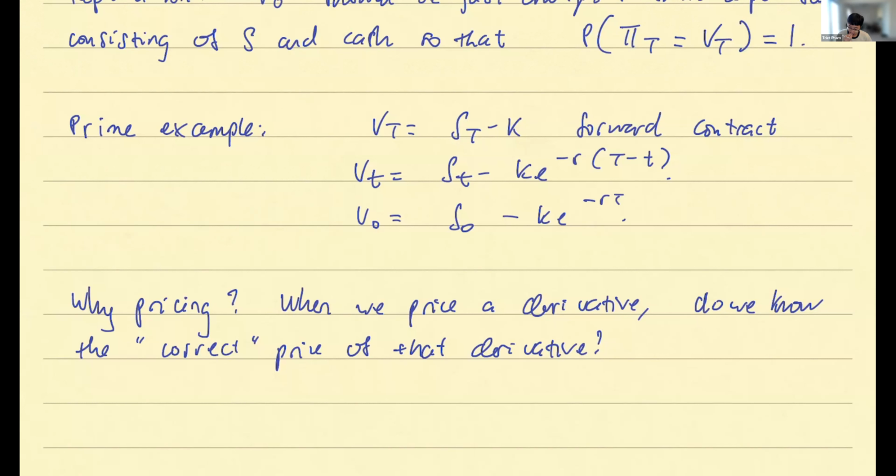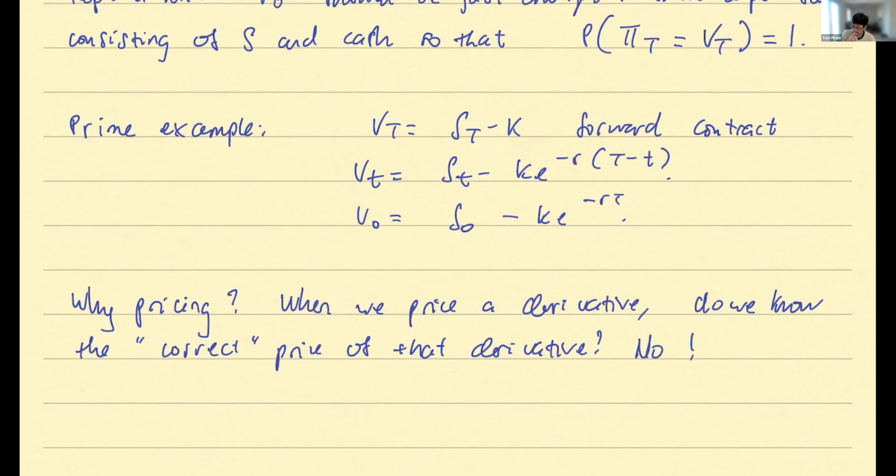Well, I want to correct that idea, if you have that idea at all, that pricing does not uncover any correct price of a derivative, okay? So in other words, when we do pricing, it's not to tell the market what to do. No, not at all, okay?